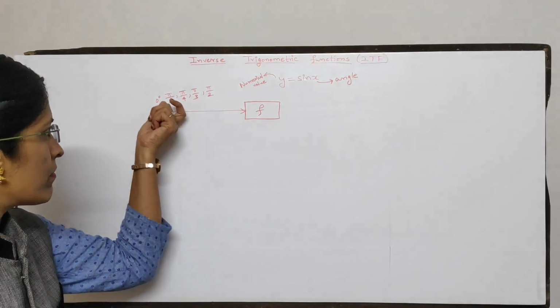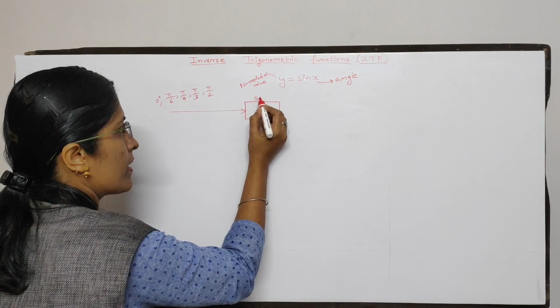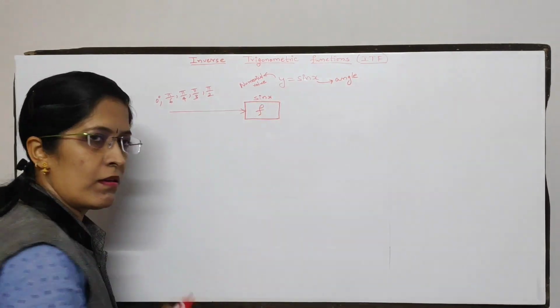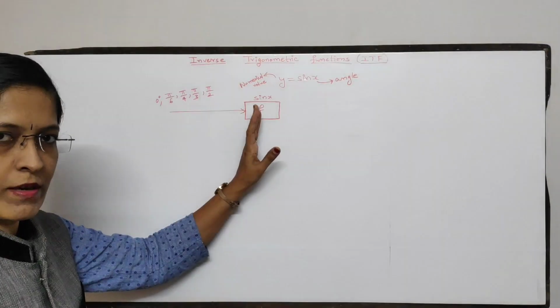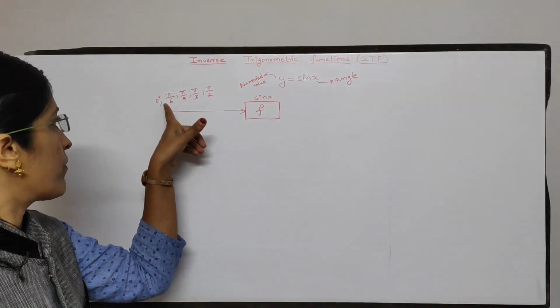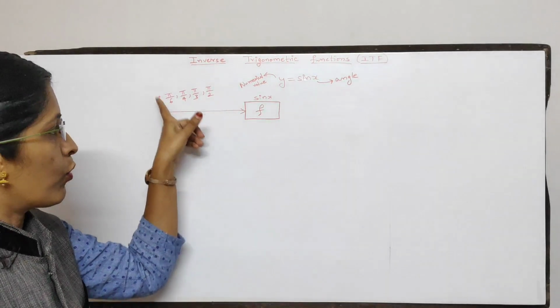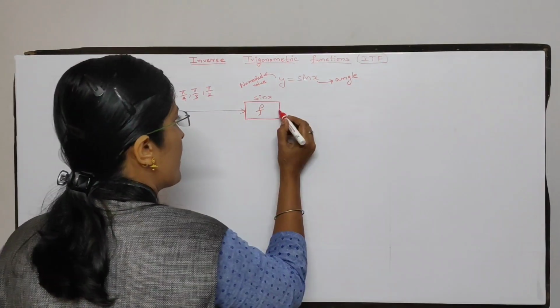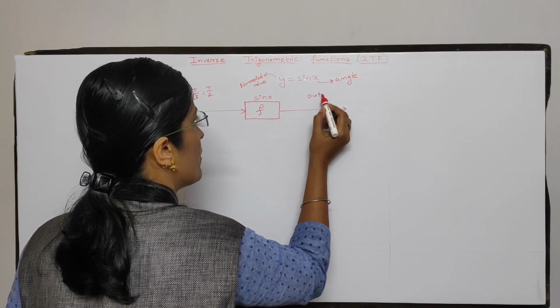So when I put these angles here, this is nothing but sin x. Sin x is our function, our machine, and whatever angles go inside this box, if the angle pi by 6, 30 degrees, goes into the box, what is the output we get?